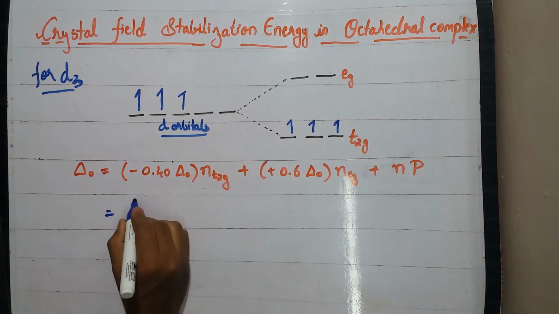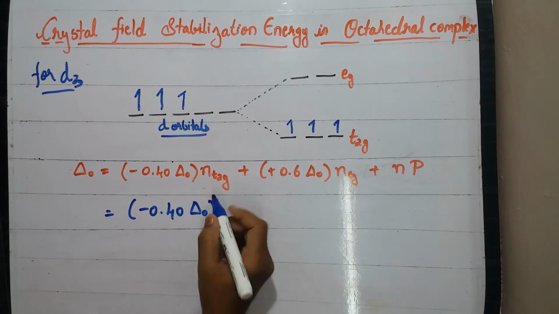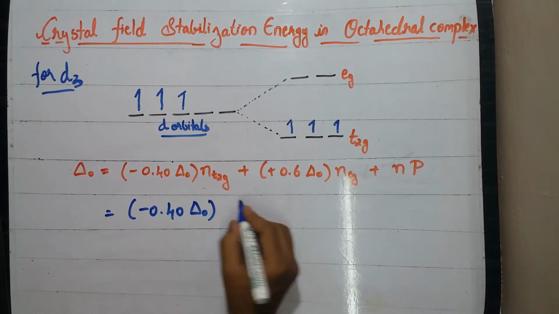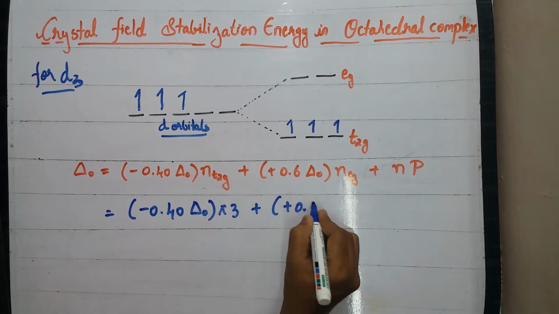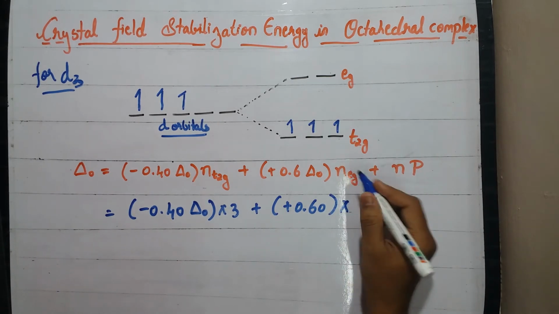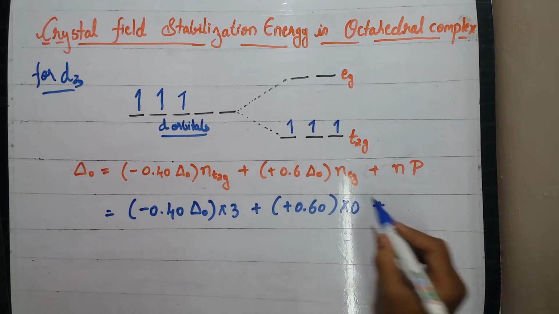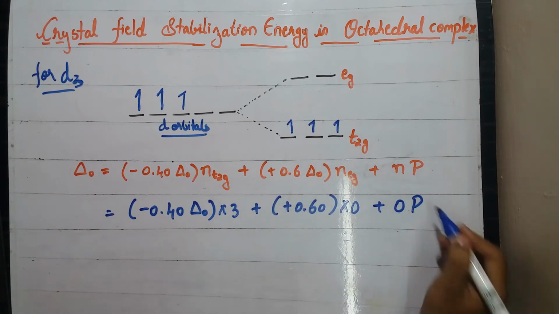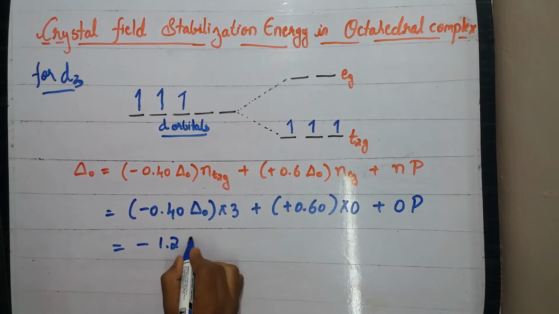Then the number of electrons in the T2g level is 3. Then for n of Eg, there are no electrons in the Eg level. Then no electrons here are paired, hence 0 into pairing energy. Then this would become 1.2 delta naught.